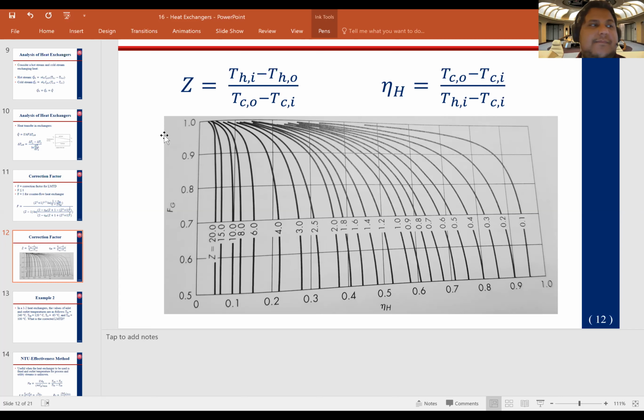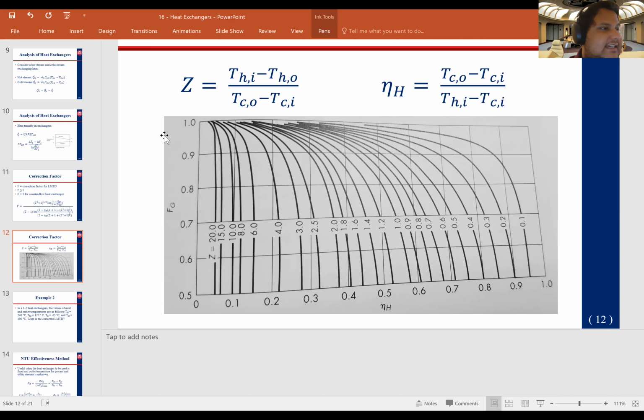Now, one thing to keep in mind is these correction factor figures are typically for a particular set or class of exchangers. For example, the figure that I'm showing here on this lecture slide 12 is for a 1-2 shell and tube heat exchanger, meaning it's a heat exchanger that has 1 shell pass and 2 tube passes.